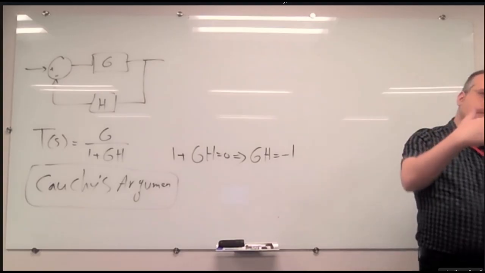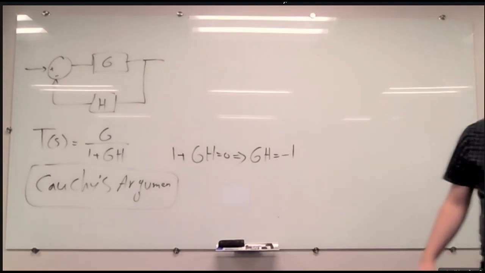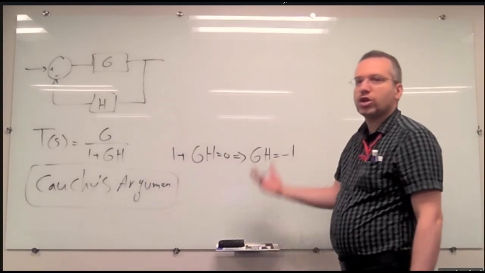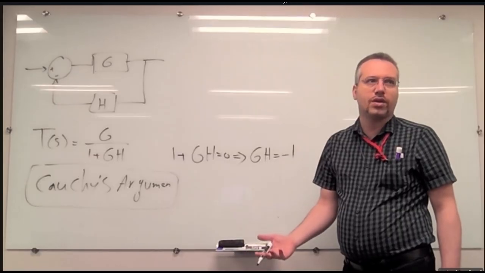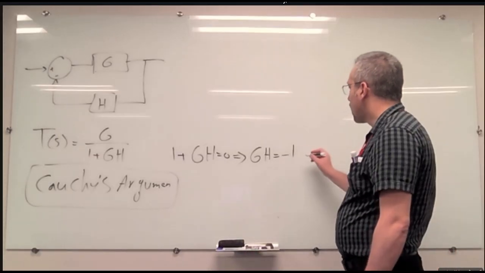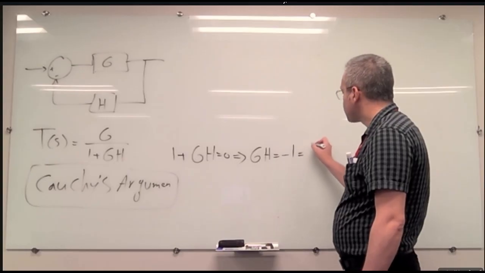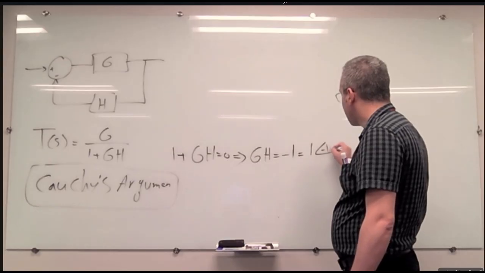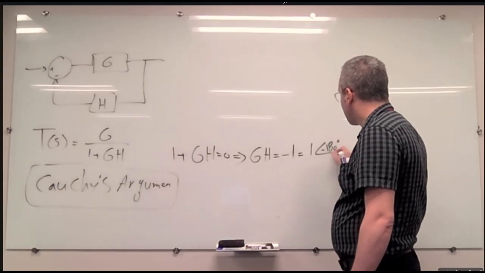From the phasor plot that we saw, in the complex S domain, this -1 is basically the phasor 1 with a -180 degree phase.